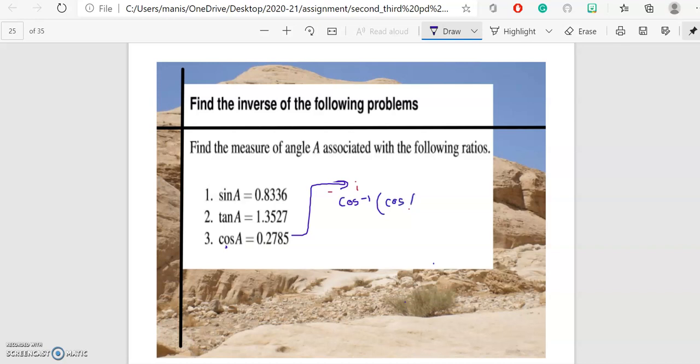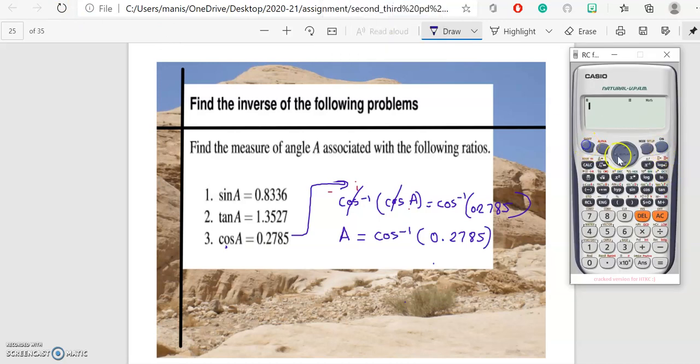This is your cosine inverse. Cosine of A is equal to cosine inverse 0.2785. So cosine and cosine inverse, since they are reciprocal or inverses, they will be cancelled out. I will be left with the value of A is cosine inverse 0.2785. Now I will use my scientific calculator to find the answer.